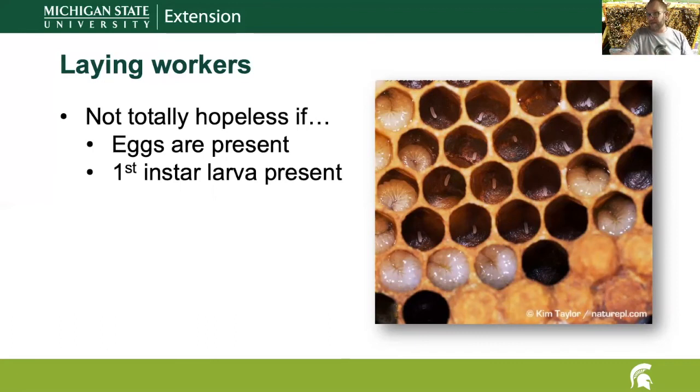But if you did not recognize this, and your queen failed due to being killed on her mating flight or something you did, and it was not recognized early on, the only way they can recover as a colony is if there are eggs present or first-day-old larvae.